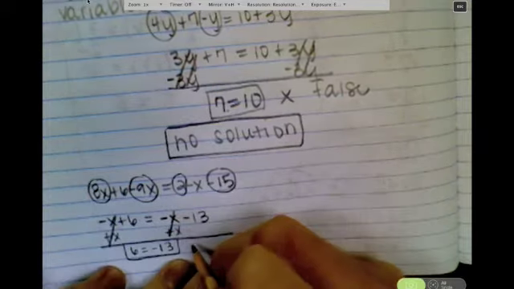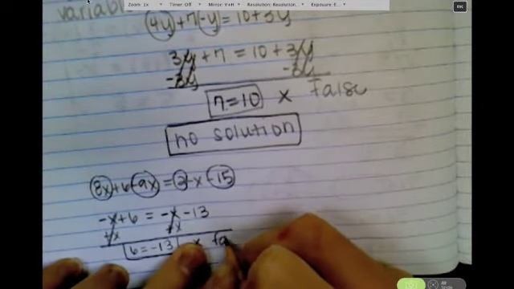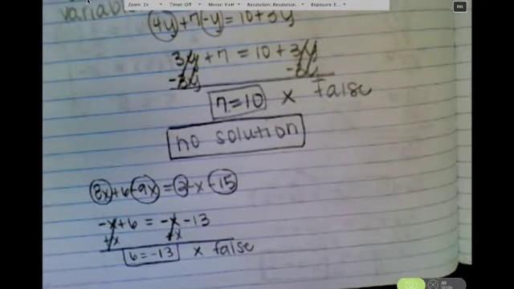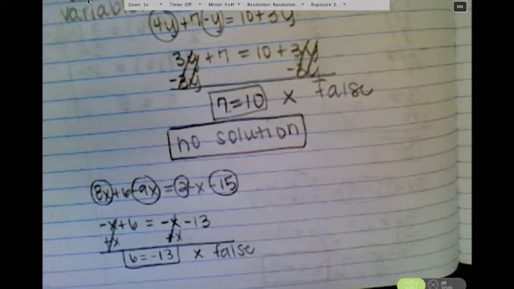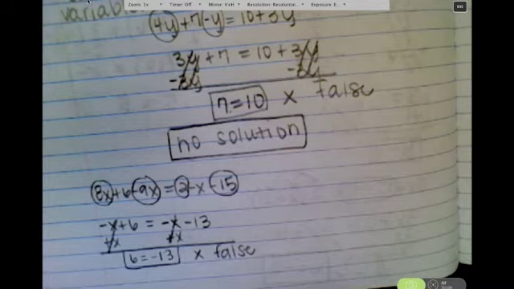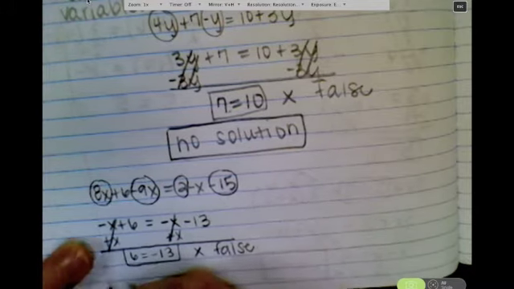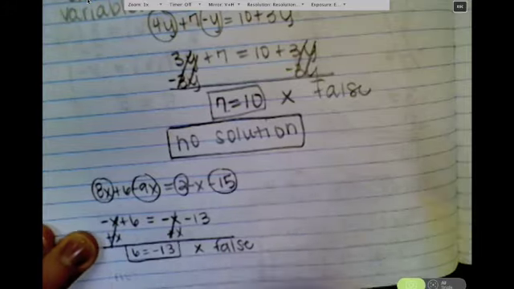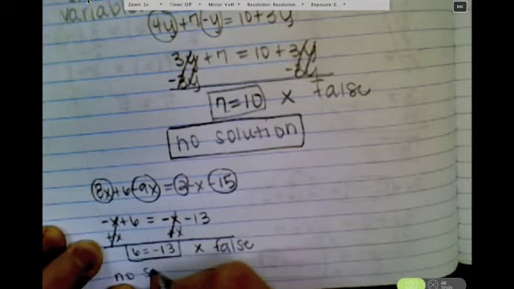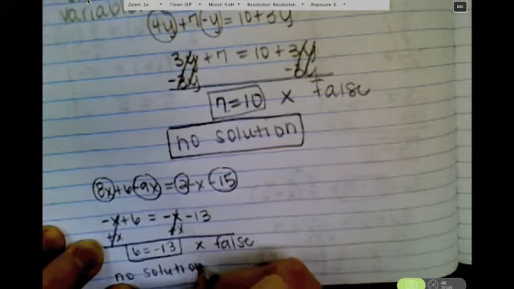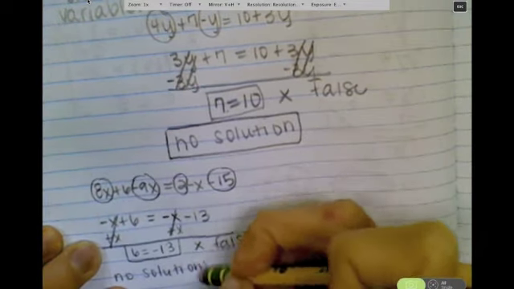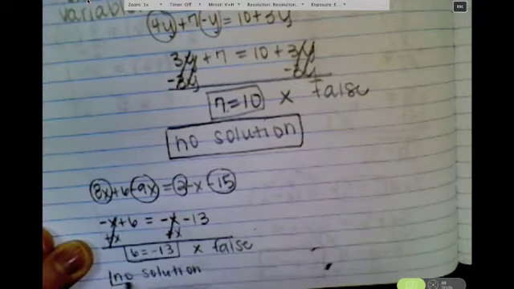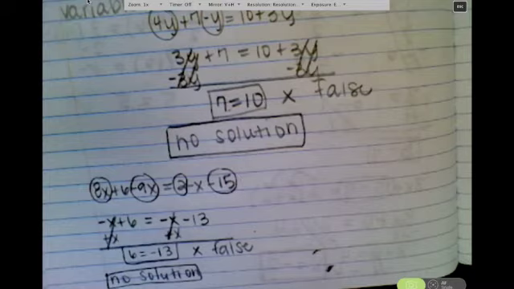No, 6 does not equal negative 13. This is a false statement, which means it's a contradiction, so the answer is no solution. That means that there is no number that you could plug in for x that would make this equation true.